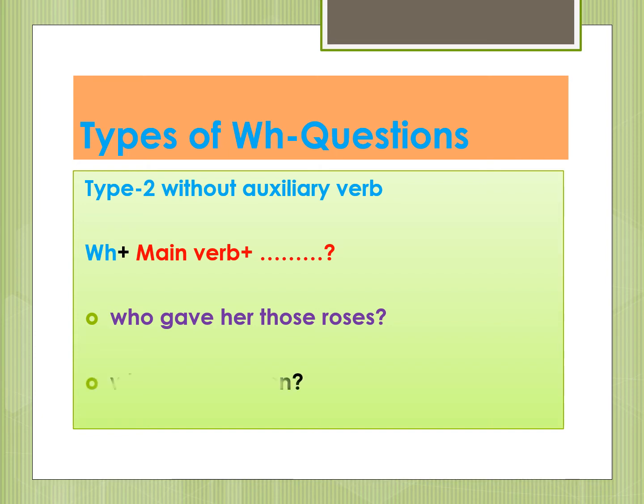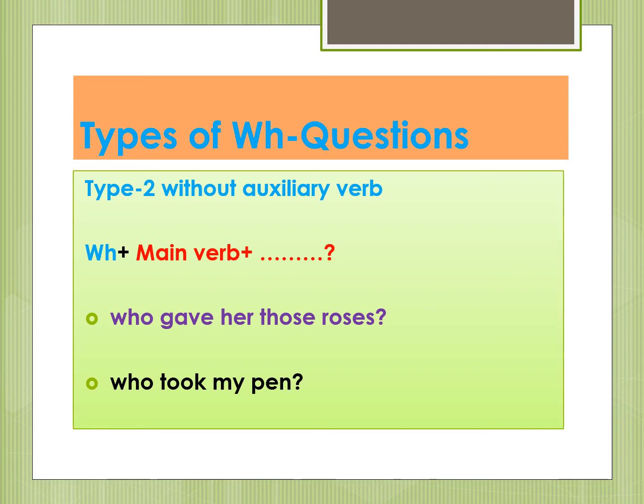Let us see next example. Who took my pen? This is also a second type of WH question because there is no auxiliary verb. The main verb is there, took, but there is no auxiliary verb. The question started with the WH word who followed by a main verb took.